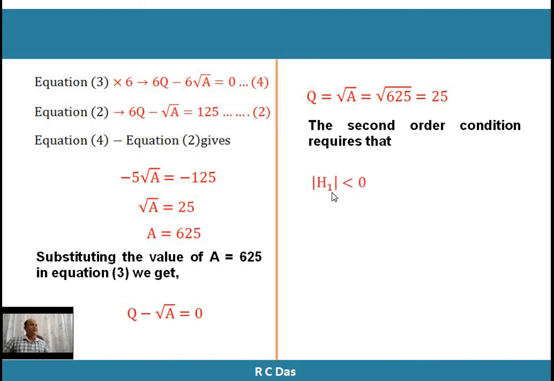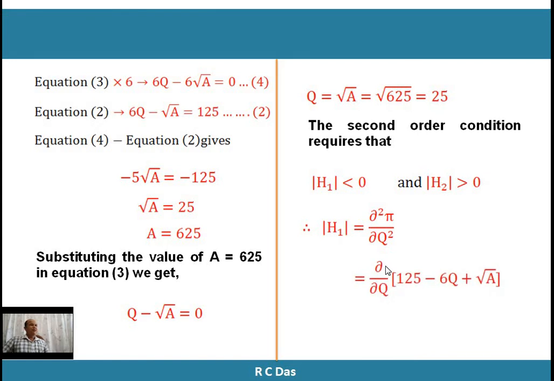the first order Hessian determinant is less than 0, and the second order Hessian determinant is greater than 0. Therefore, the first order Hessian determinant is equal to del square pi by del q square. It is a second order derivative.